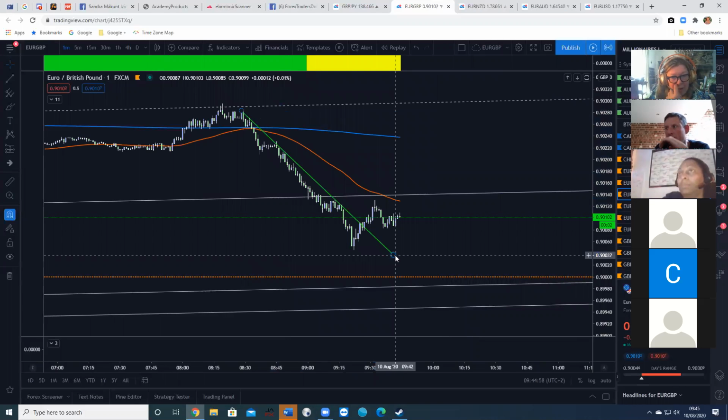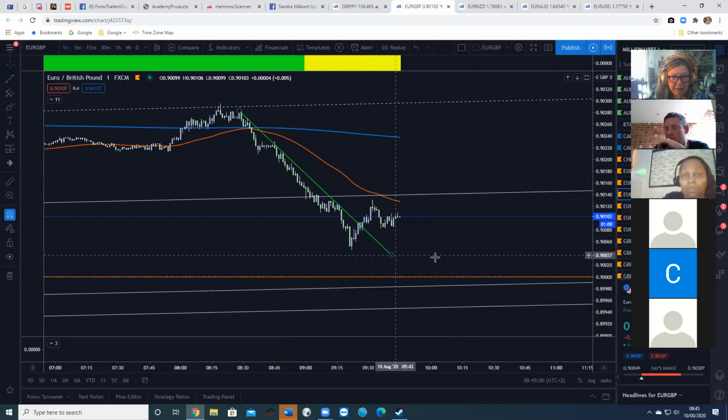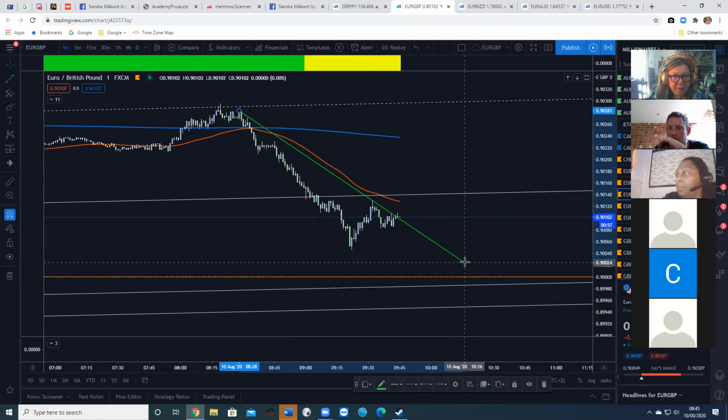I can't see another trend line that I like particularly. You could do that, but that gives you 3 points, 3, possibly 4 there.